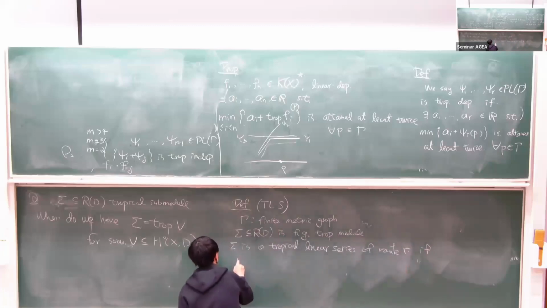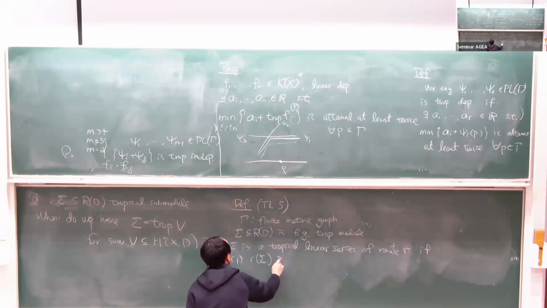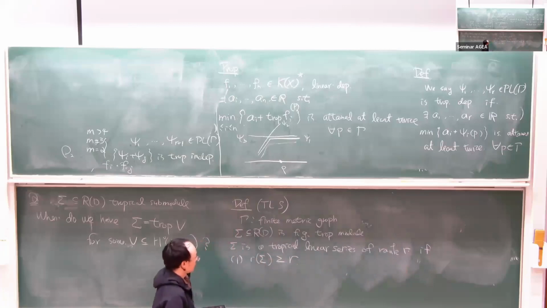So the first thing is that the Baker-Norine rank of this sigma is greater or equal to R. It means that for any effective divisor E of degree R, you can find a function F in sigma such that D plus div F minus that effective divisor is effective.